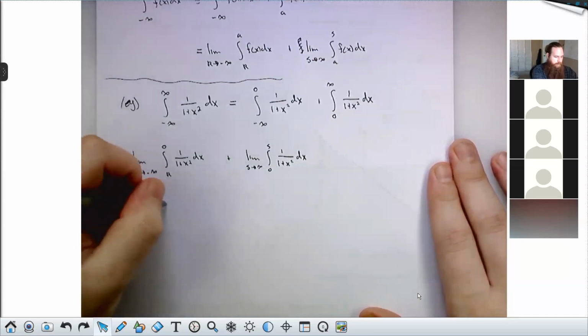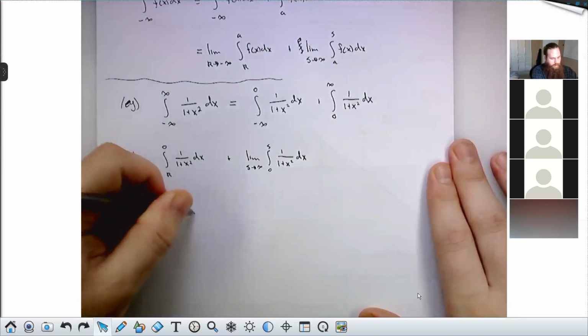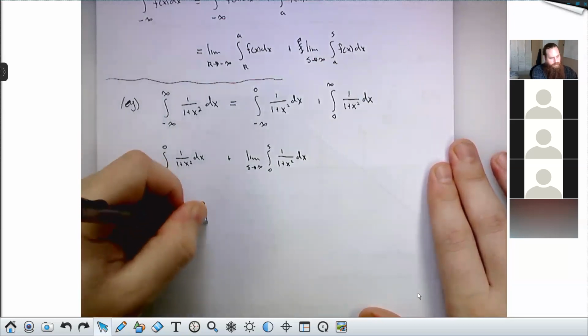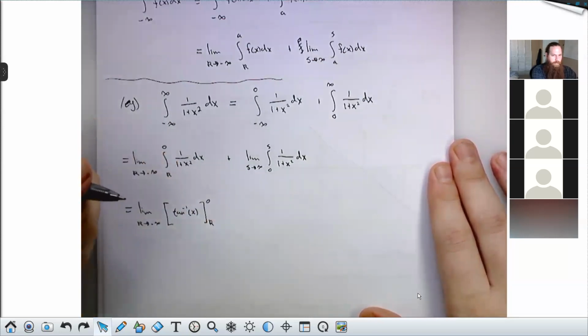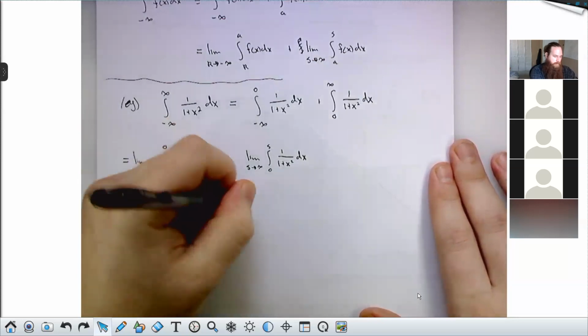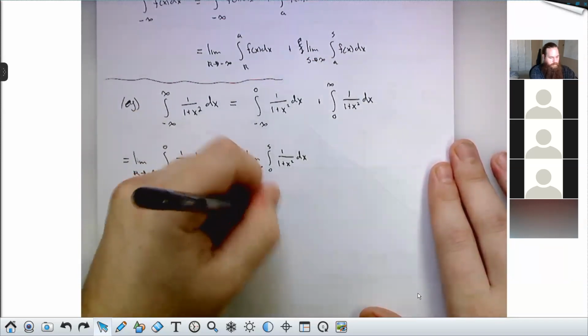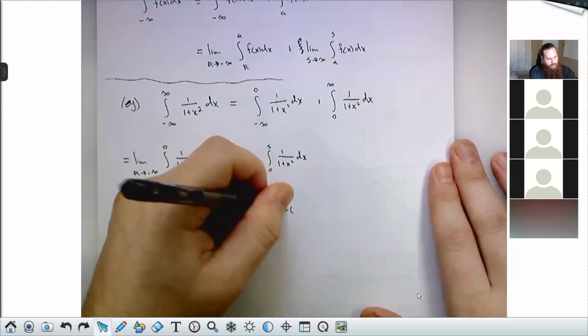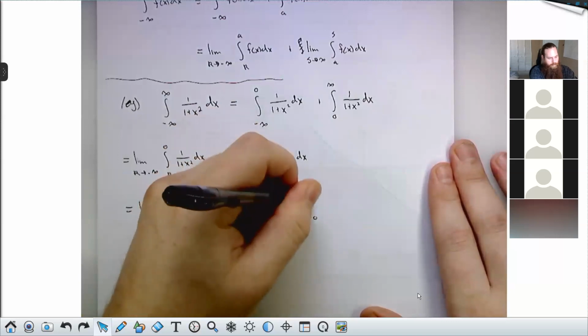The antiderivative for 1 over 1 plus x squared is the inverse tangent of x. So this will be inverse tangent of x evaluated between r and 0, plus limit s to infinity of inverse tangent of x from 0 to s.